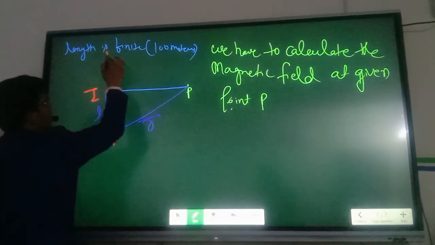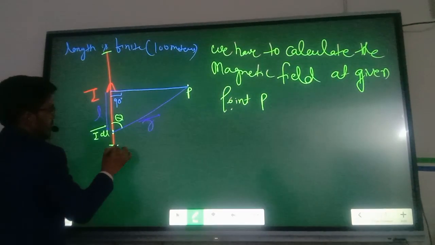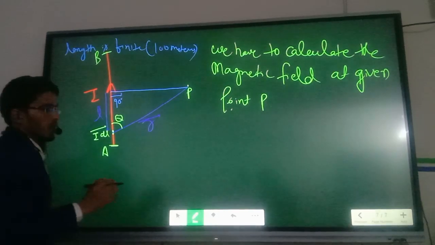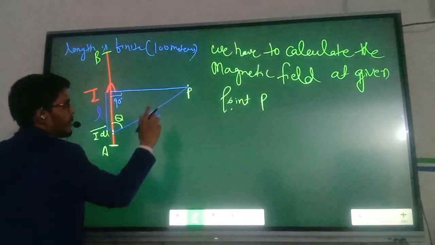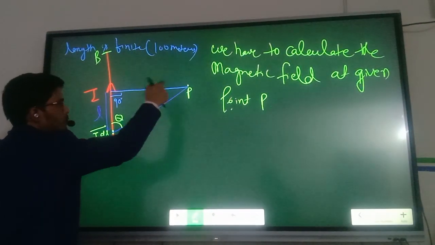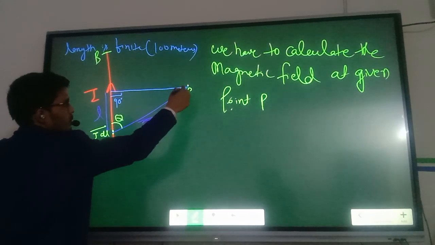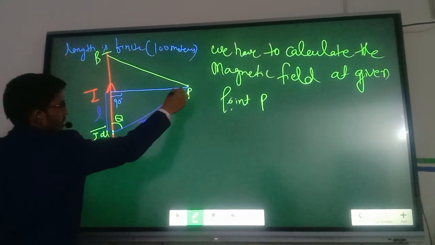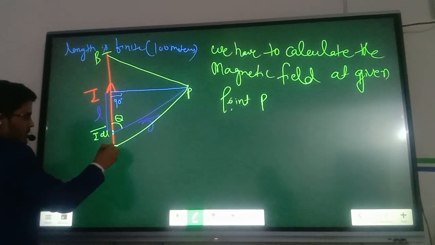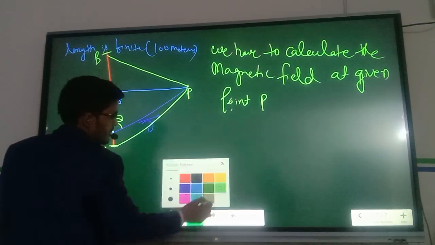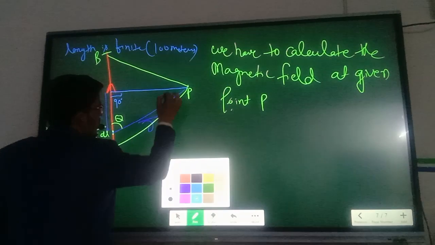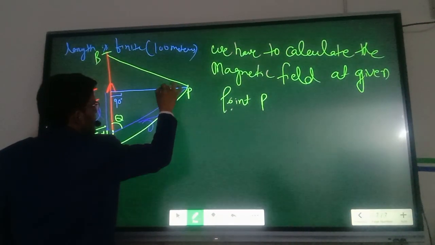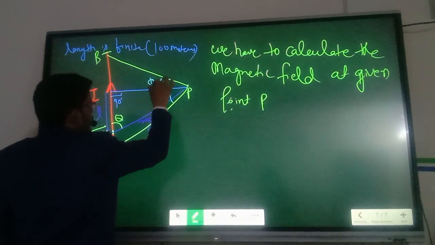So the end points of the wire: suppose this is the first end point and this is the second end point. In the third step we connect both end points of this wire to the given point. Suppose this angle is phi 1 and this angle is phi 2.